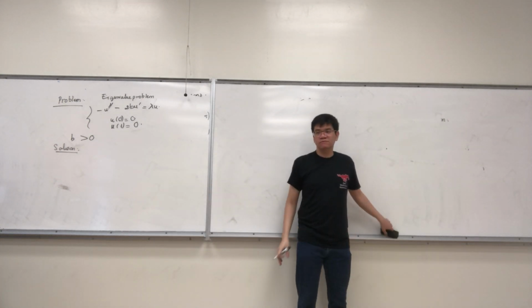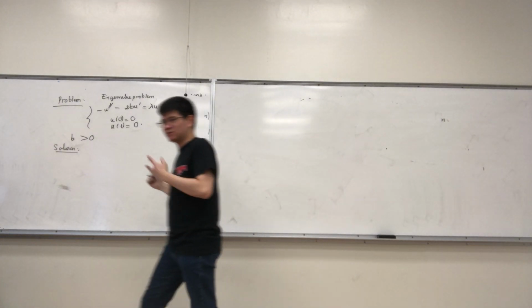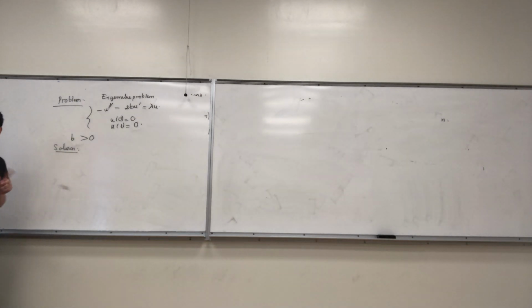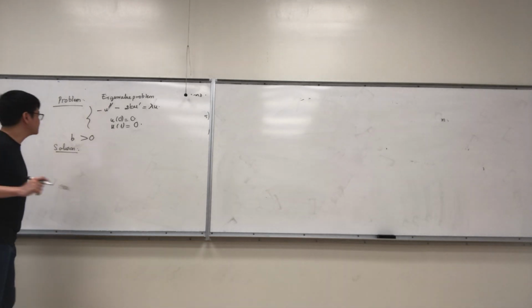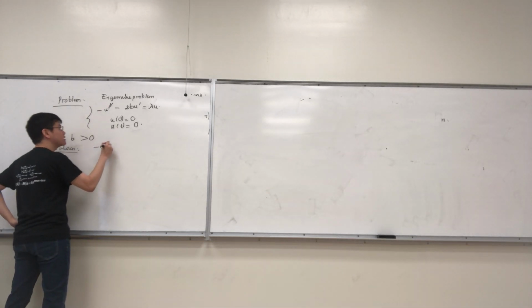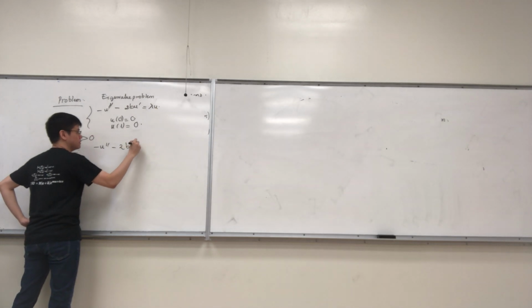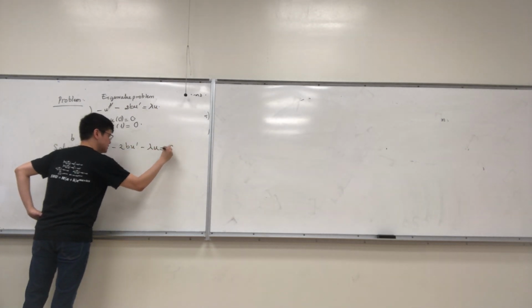All right, so the first step to do this is what? Characteristic equation. Yes, characteristic equation. So you have minus u'' minus 2b u' minus lambda u is 0.